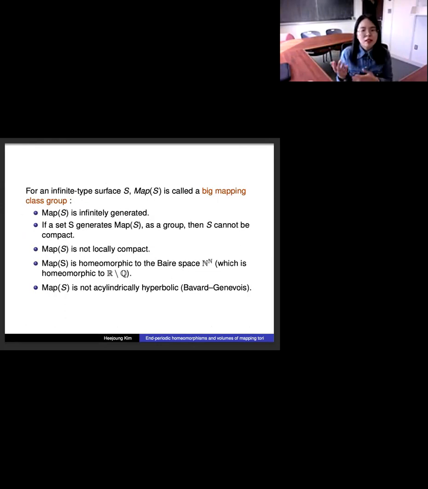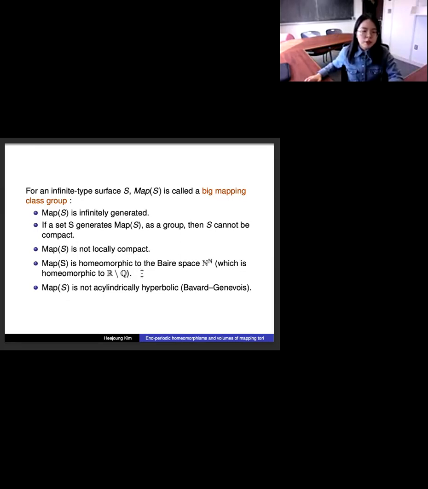Map S is not locally compact, and Map S is homeomorphic to the Baire space. So this is very big. And Map S is not acylindrically hyperbolic. Previously, for a finite type surface, the mapping class group acts on the curve graph acylindrically, but there is no hyperbolic space where a big mapping class group acts nicely.